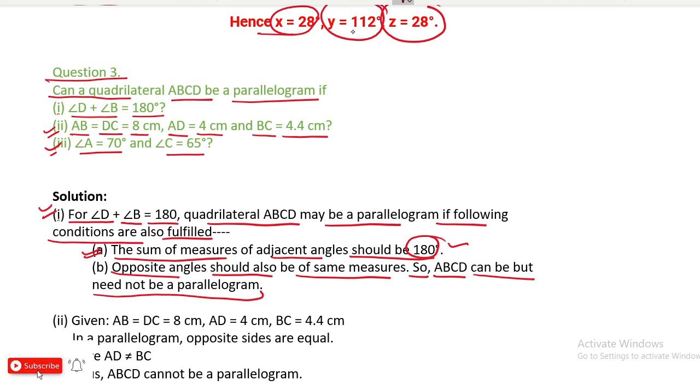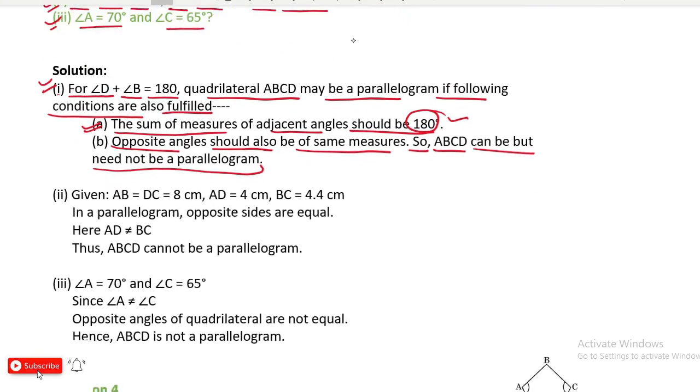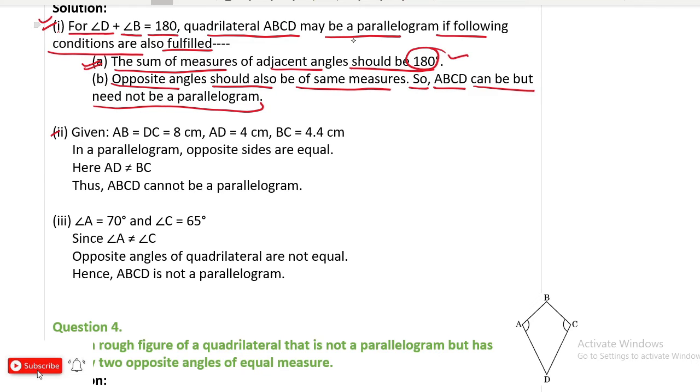Now the second: AB is equal to DC is equal to 8 centimeter, AD is 4 centimeter, BC is 4.4 centimeter. In a parallelogram, opposite sides are equal. But here AD is not equal to BC.